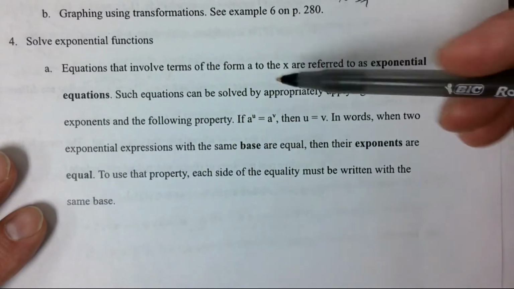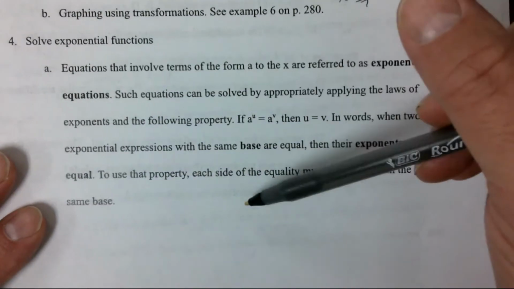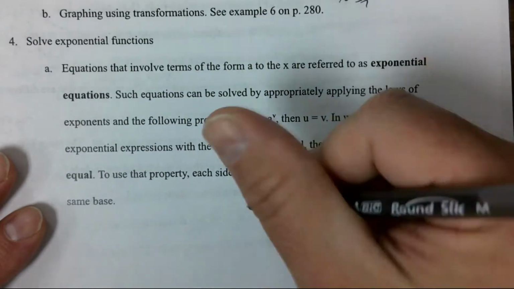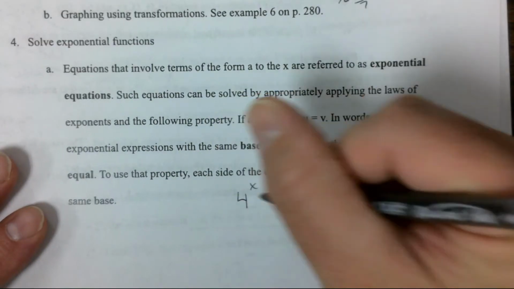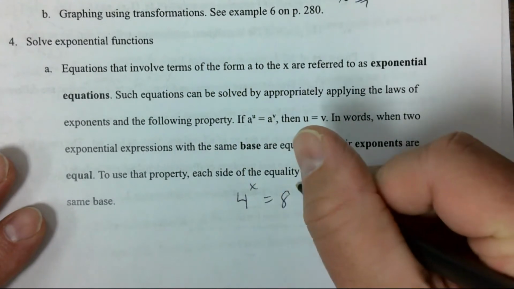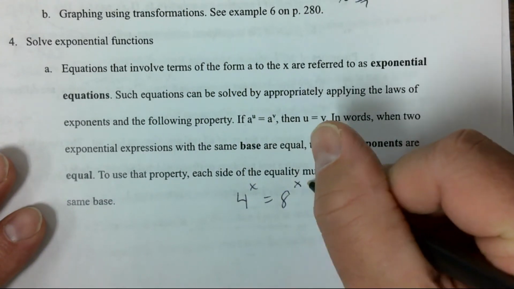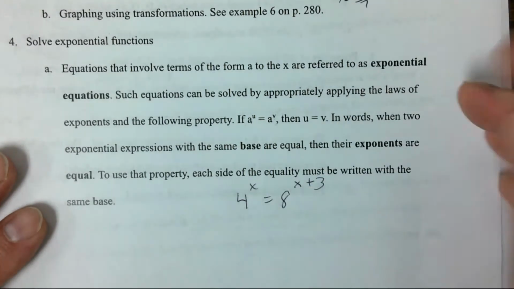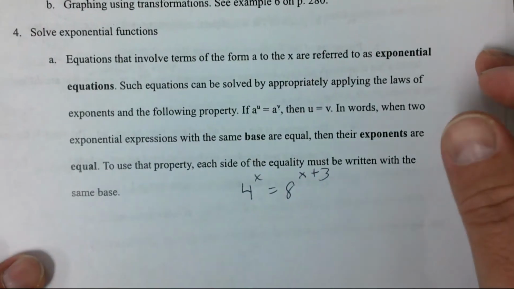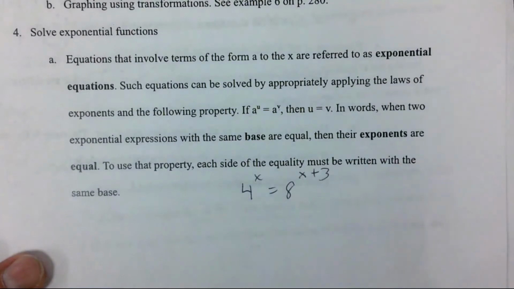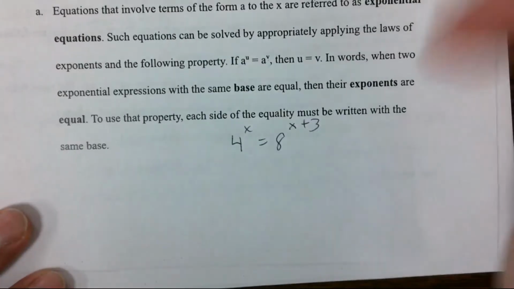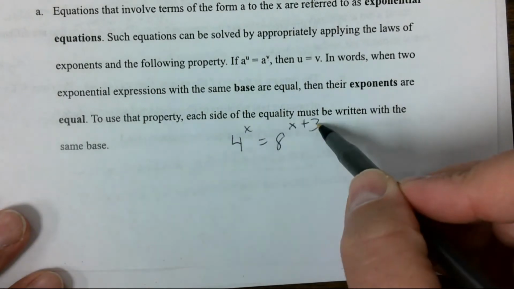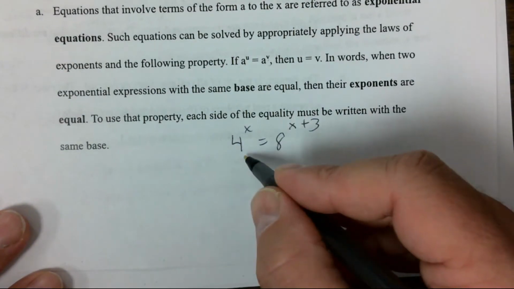Now there are parts where you're going to have to solve equations where you have to get the base the same. For example, if you have 4 to the x equal 8 to the x plus 3, I'm just kind of making up the problem here. The main thing is you can't just set your exponents equal until you have a like base.